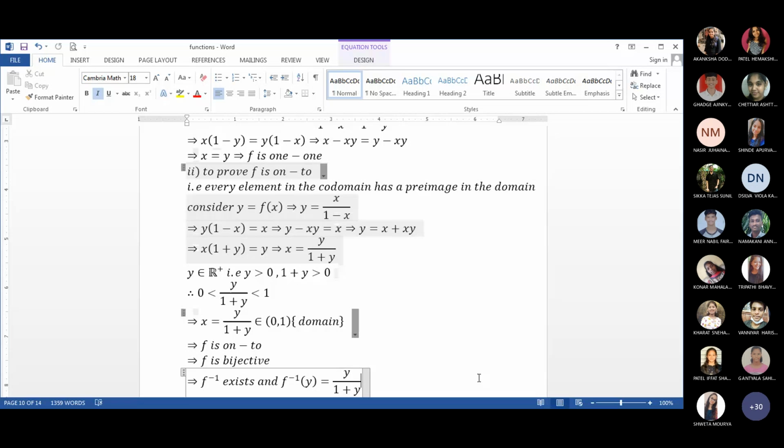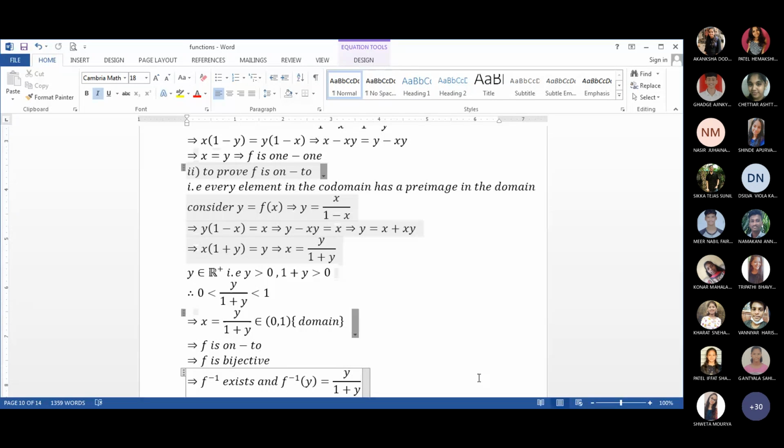Can you explain the 0 less than y upon 1 plus y less than 1? y upon 1 plus y lies between 0 and 1. वो पार्ट. Yes, sir. Okay, y belongs to the codomain, and codomain is a set of positive non-negative real numbers, right? तो यहाँ पे मेरा y is greater than 0.